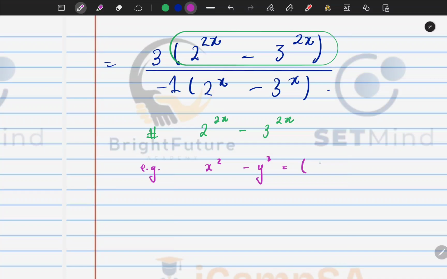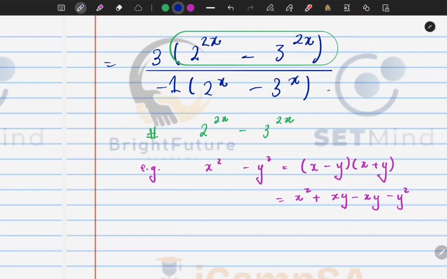This is the same thing as having x minus y, x plus y, because this is going to give you x squared plus xy minus xy minus y squared.